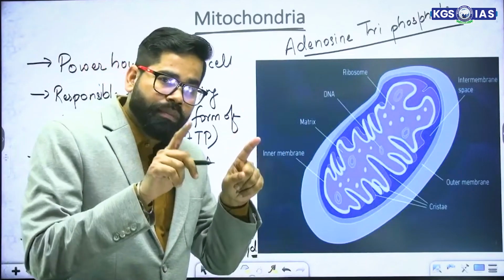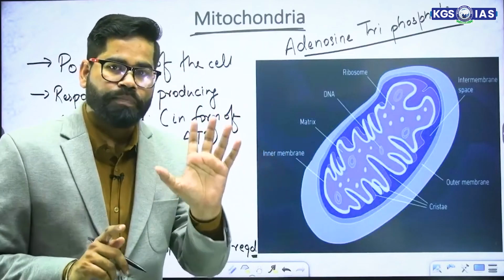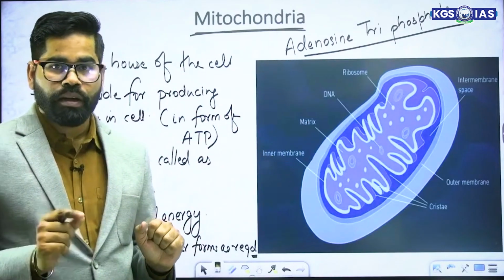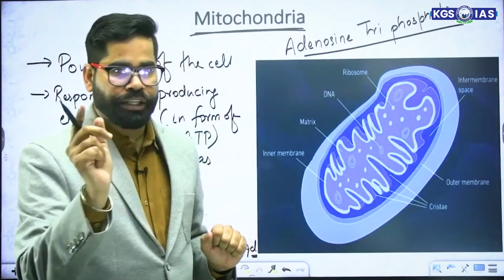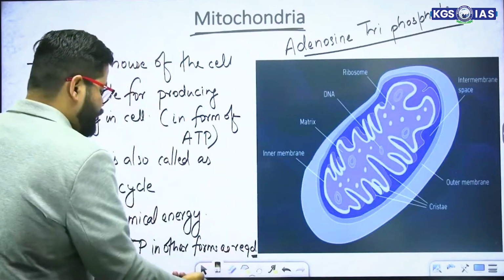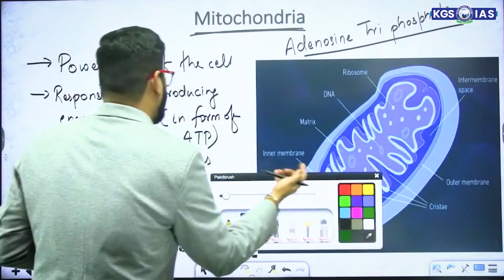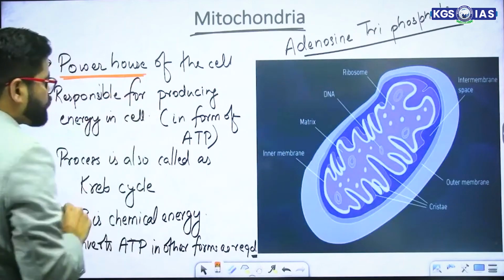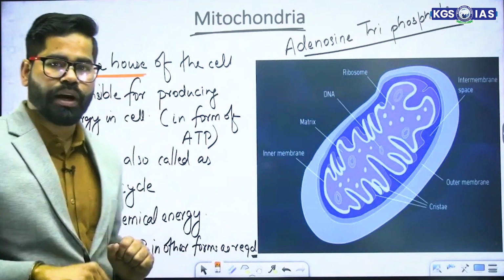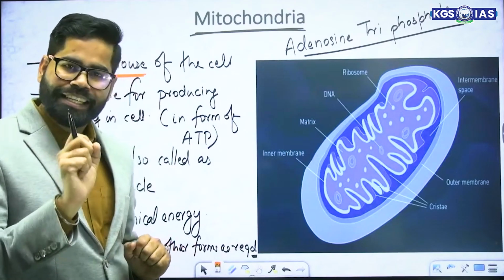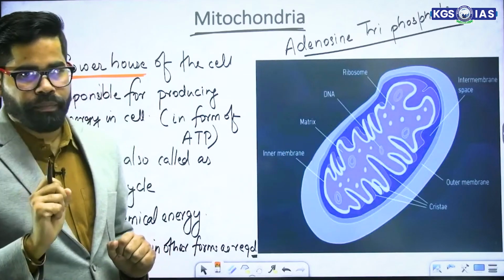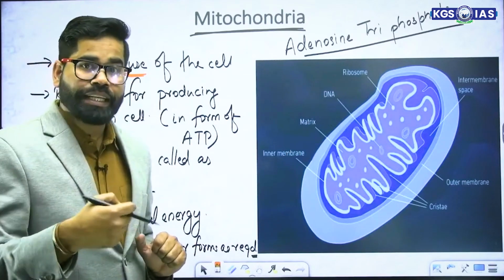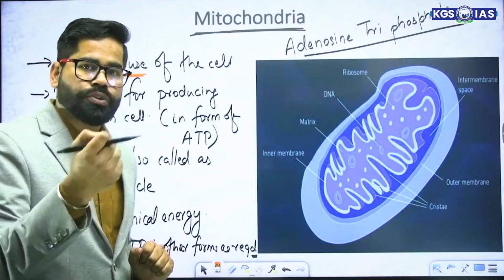Now there is some very important part with respect to this mitochondria. Normally in examinations they ask about what is called the powerhouse of the cell. It is very basic and common. They can ask in what form it stores the energy.